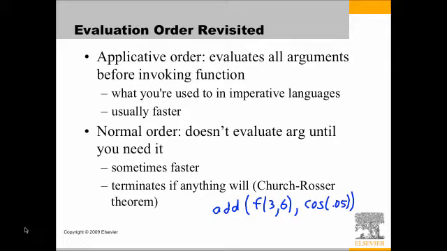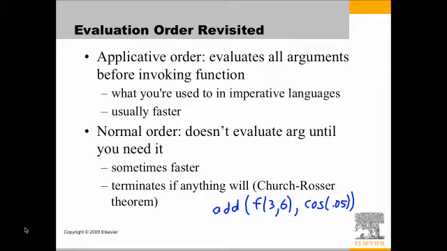For example, in this add function, maybe we have an if then else that says if something, then return the value computed by f, else return the value computed by cos. Then clearly one of the two arguments will not be necessary in each invocation. Therefore, it would be faster to use normal order evaluation.